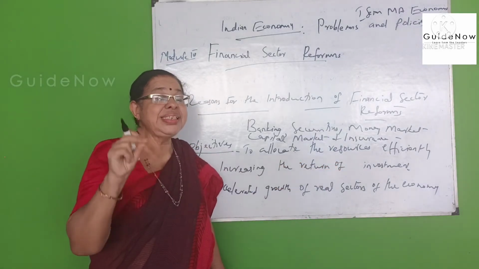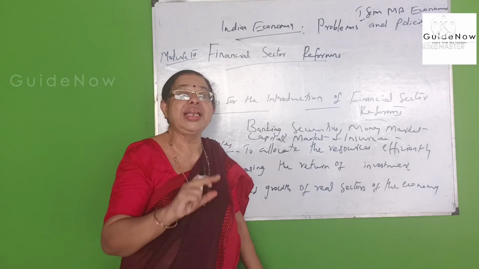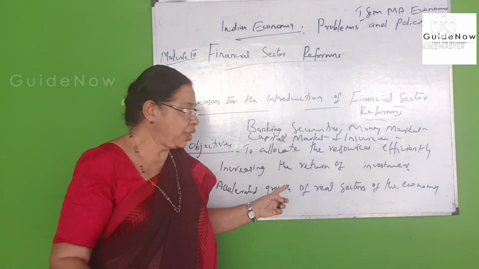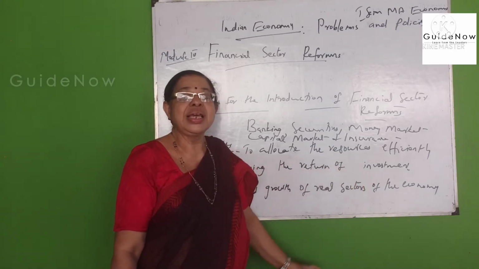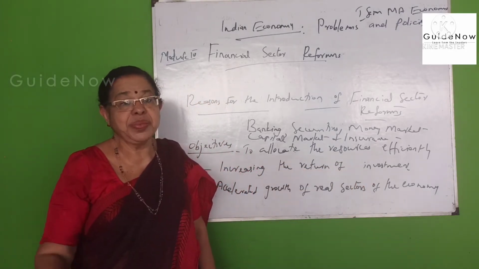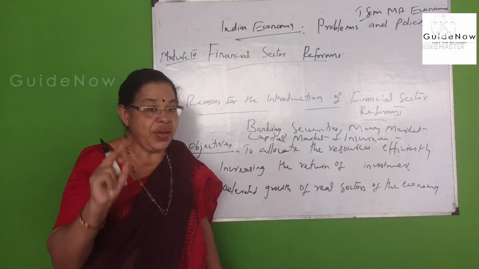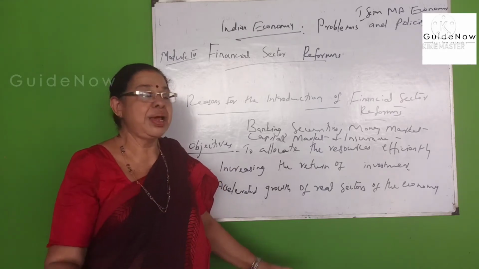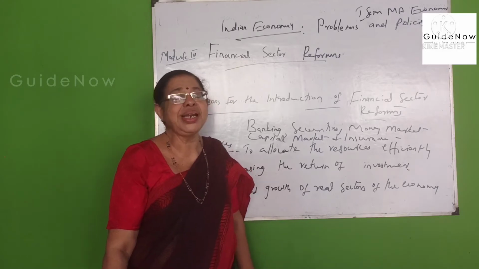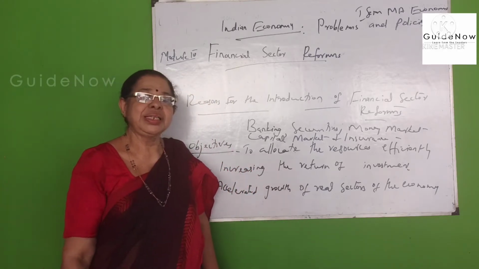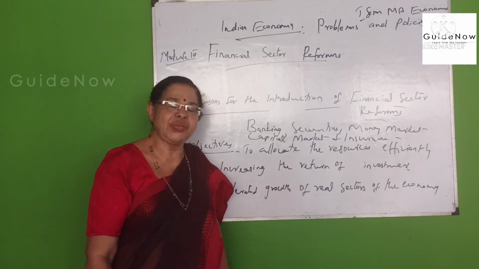If the return increases, automatically you are ready to invest. When you get maximum return or income, you are ready to invest. That is the second important component determining the objective of financial sector reforms.